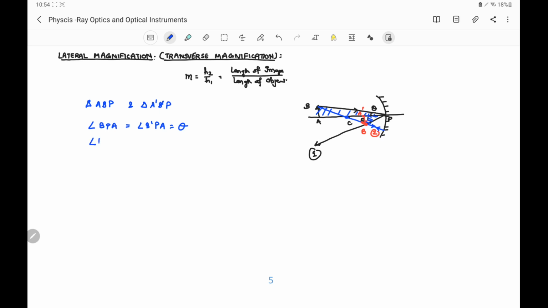Similarly, angle BAP is equal to angle B dash A dash P, and these two angles are right angles, that is 90 degrees.